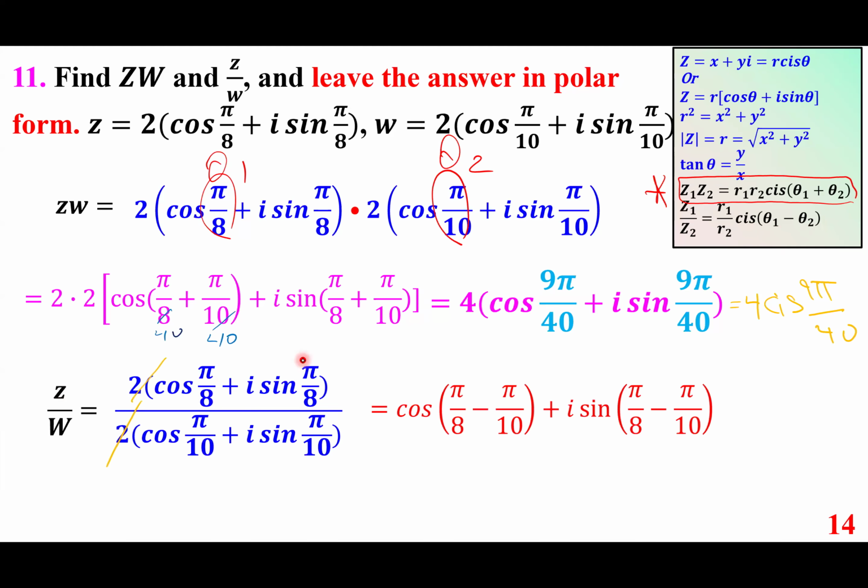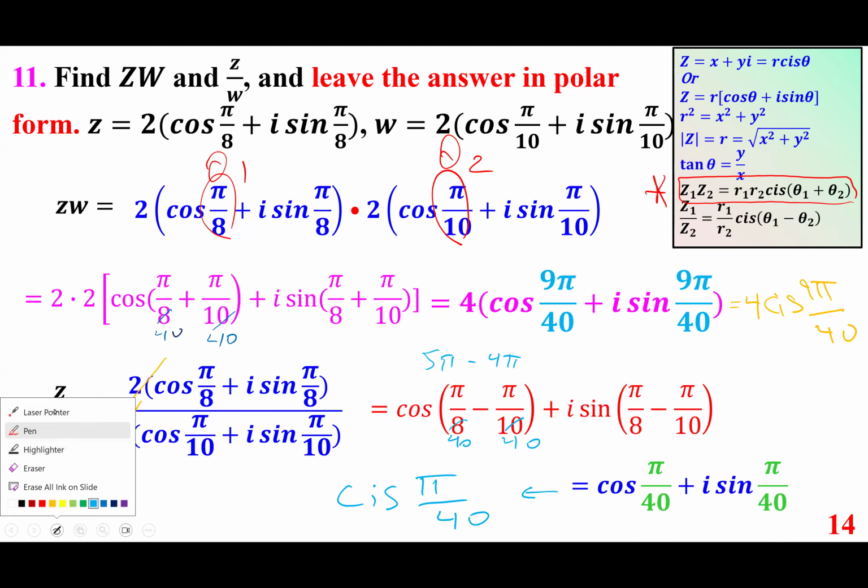And again, the common denominator is 40. 5 pi minus 4 pi gives you pi over 40. And so in shorthand notation, cis pi over 40 would be the final answer. We can write it in this fashion. Very simple, everybody.